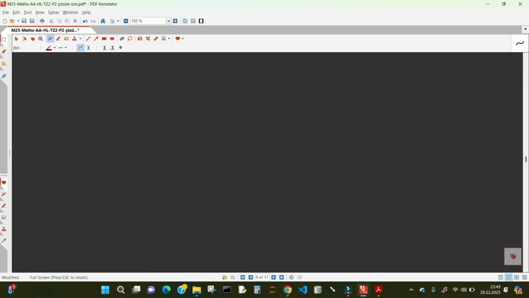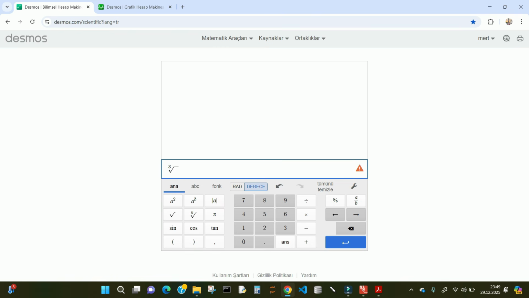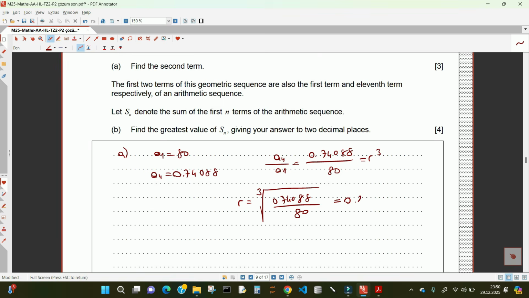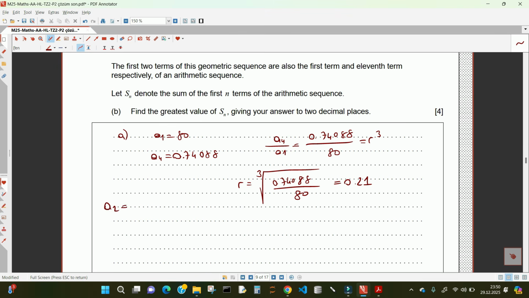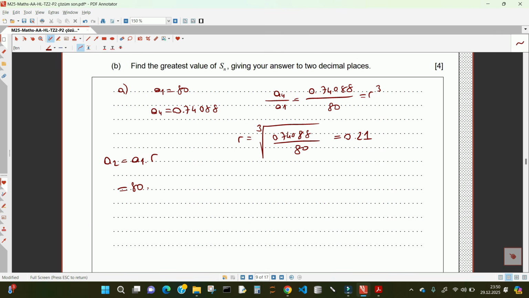Cube root of 0.74088 divided by 80 is 0.21, and it asks for the second term, so I multiply it with the first term. 80 times 0.21 is going to be 16.8.